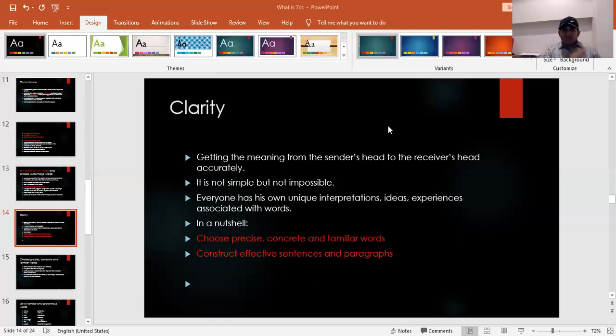From sender to message, from sender to receiver. If you are giving clear message, so it will be called clarity. अब clarity में जब मैं मजीद बात करूँ तो क्या है? Yes, when you are using clarity, it means that from the sender's head to the receiver's head, your message should be spoken or understood accurately.